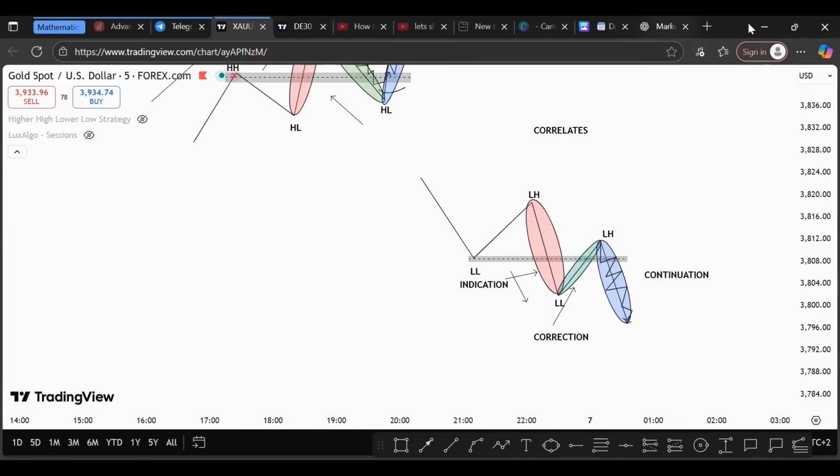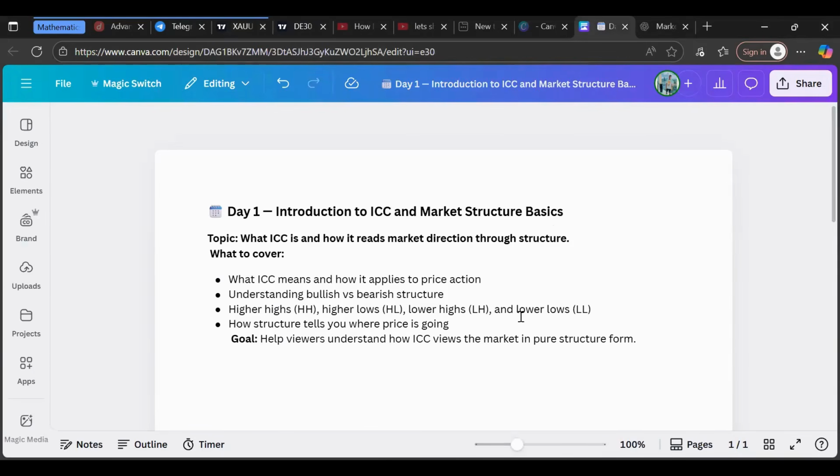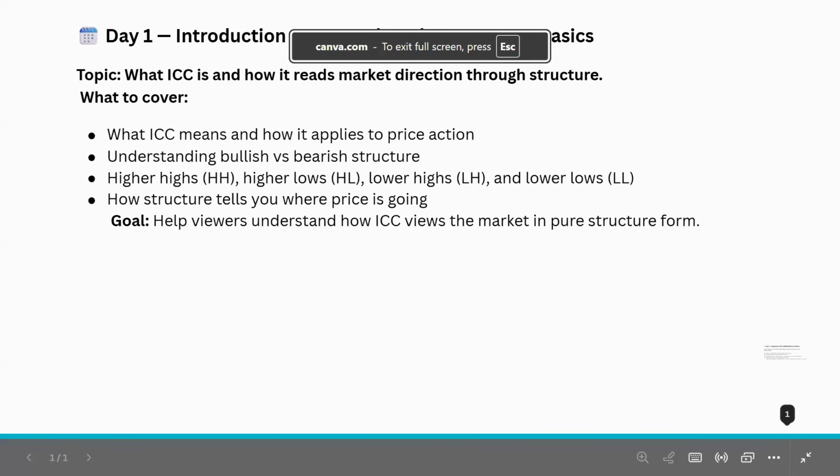You understand? So in terms of what you wanted to cover, we covered what ICC means, and we've also covered understanding a bullish and a bearish structure. We've also covered the higher highs, the higher lows, and the lower highs and lower lows.